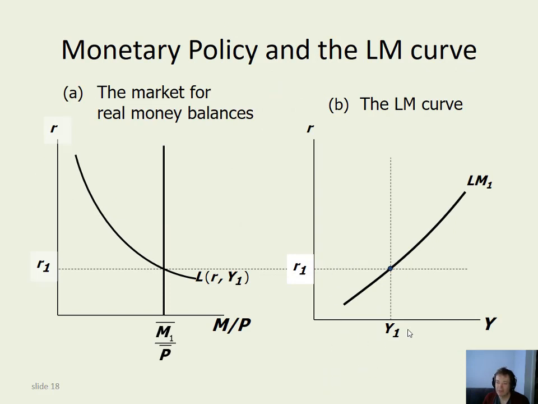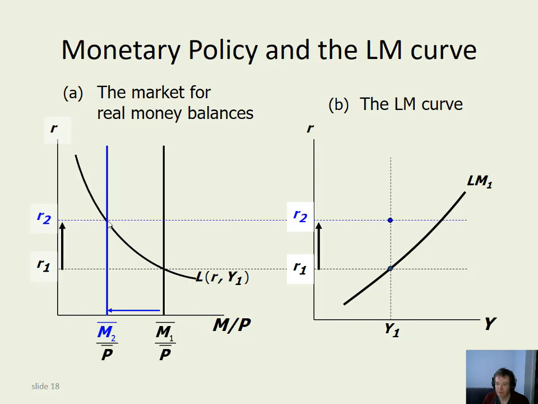If the government decreases the money supply, then if we're assuming that there hasn't been a change in national income, this curve doesn't shift. So we must move to this point. Without a change in national income, the interest rate would have to be here.